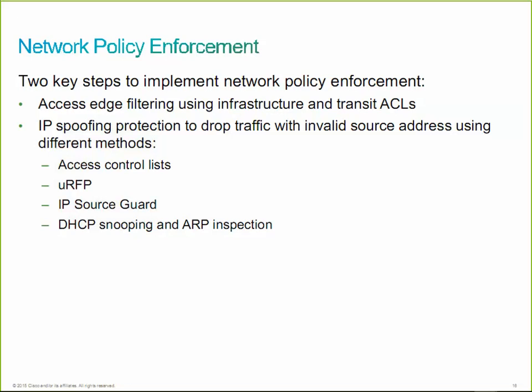In addition, there are specific types of IP addresses that should never be seen. 127 addresses should never be seen. 240 to 254 addresses should never be seen because that's the experimental range. 224 to 239 addresses should never be seen as a source address because that's our reserved multicast range.